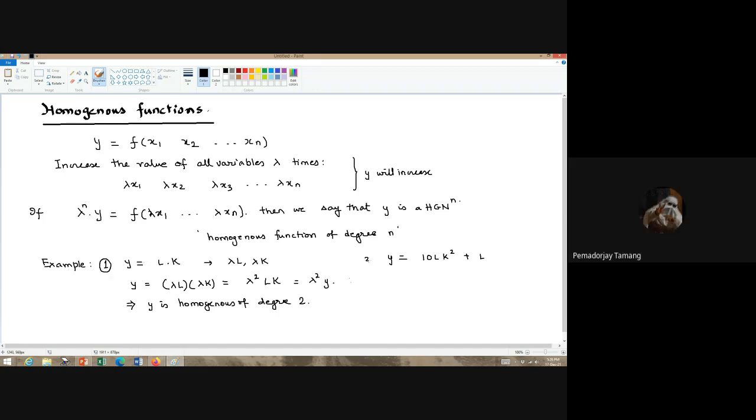So we can't have it. It's not a homogeneous function. Yes, sir, it's not homogeneous. So this is not homogeneous. y will increase, but the increase cannot be represented in this form.